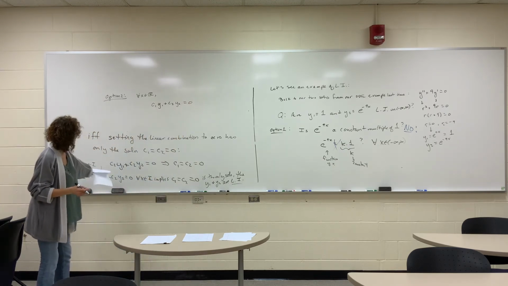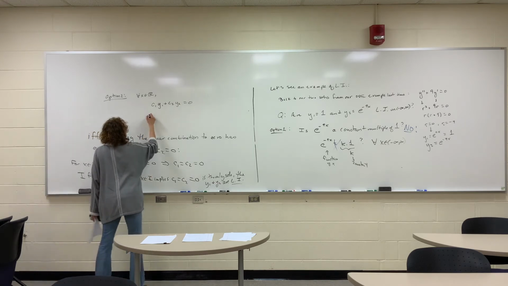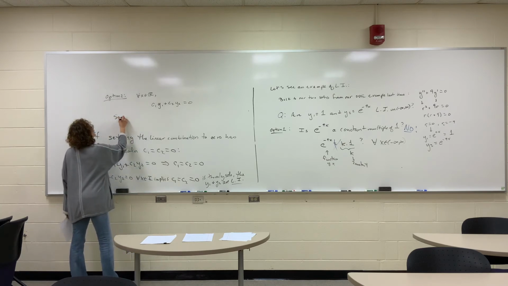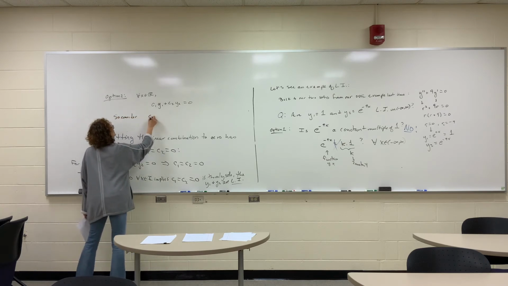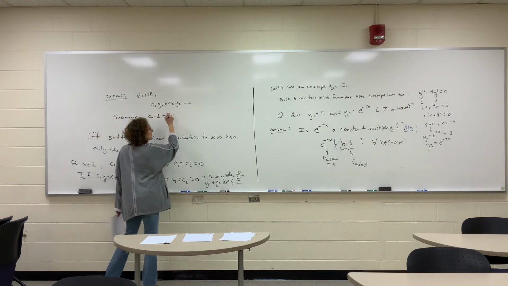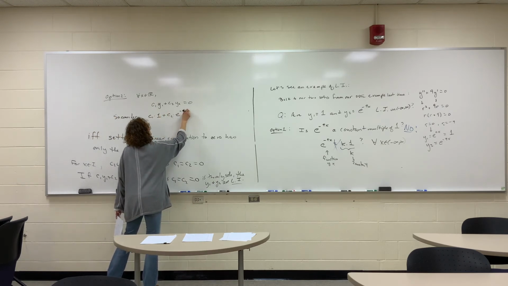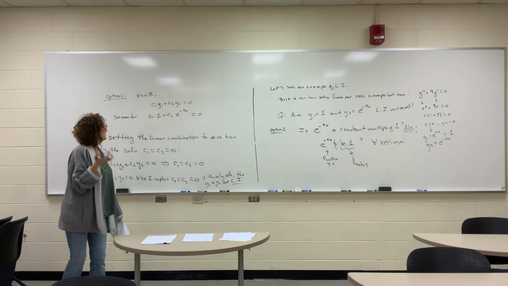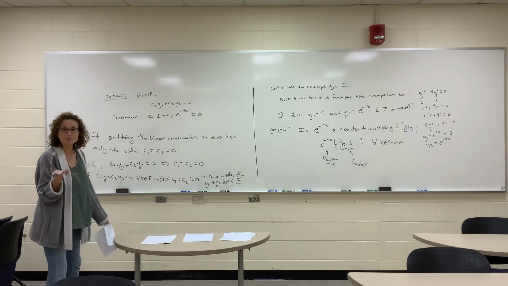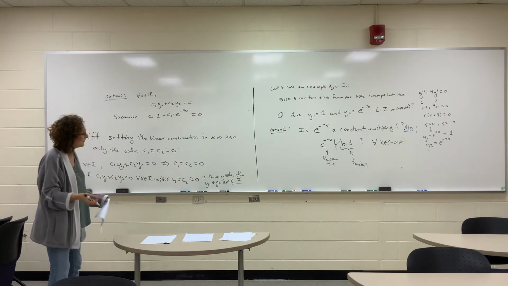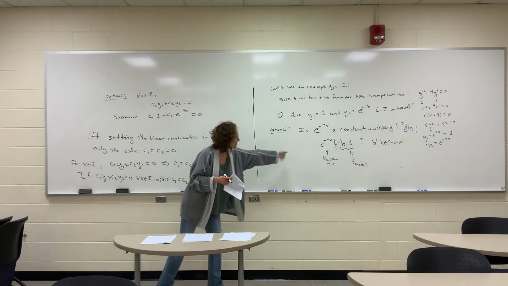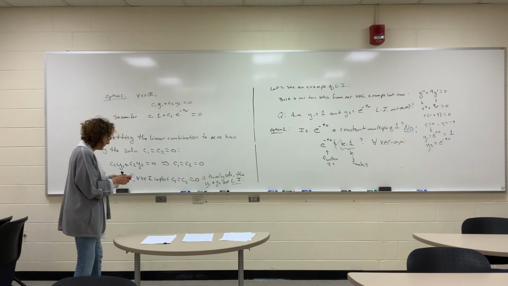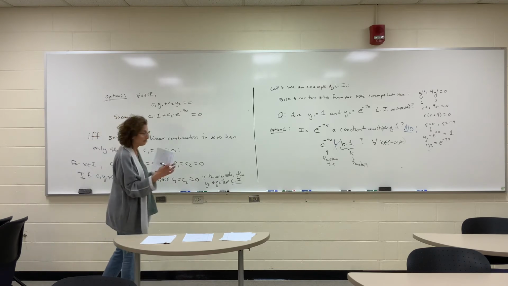So we consider C1 times 1 plus C2 times e to the negative 9x, set that equal to 0, and ask: does this have solutions other than C1 equals C2 equals 0? It's kind of the same thing as if we brought this across and said, nope, that's not equal to a constant. Same deal there.